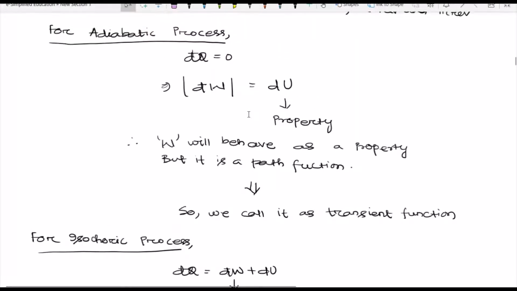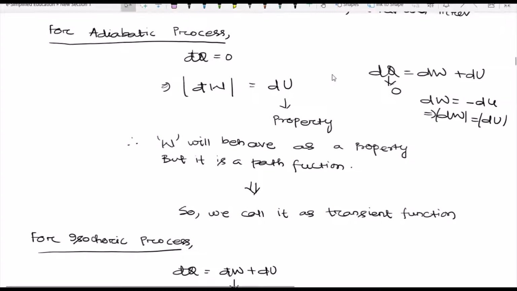Next, for an adiabatic process, we know the heat transfer is 0. If for an adiabatic process the heat transfer is 0, then from the first law dQ equal to dW plus dU, if this is 0, then dW I can write equal to minus dU, or the magnitude of dW equal to dU.